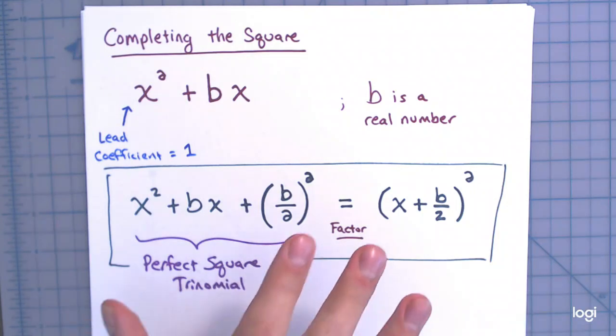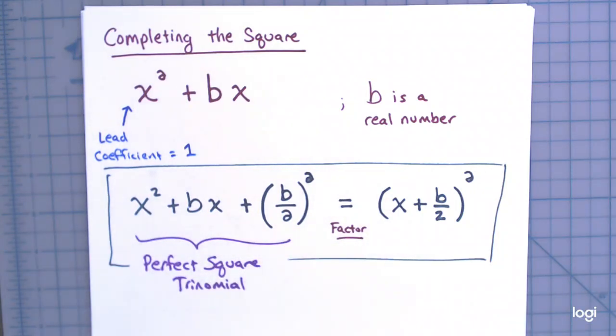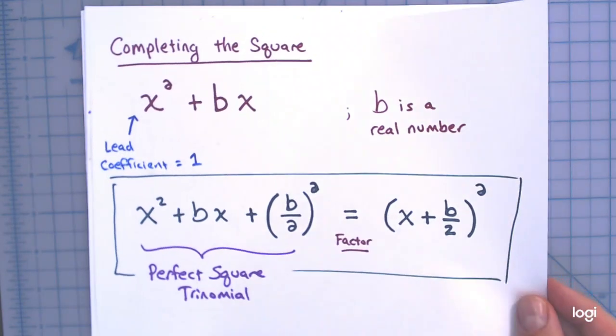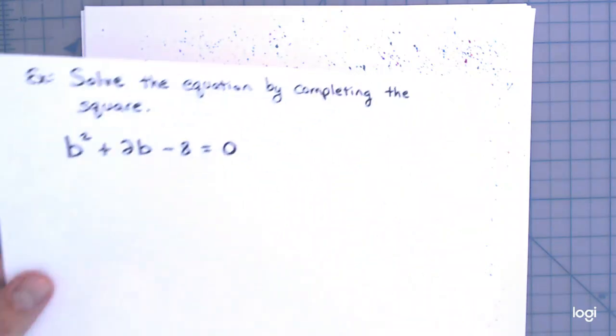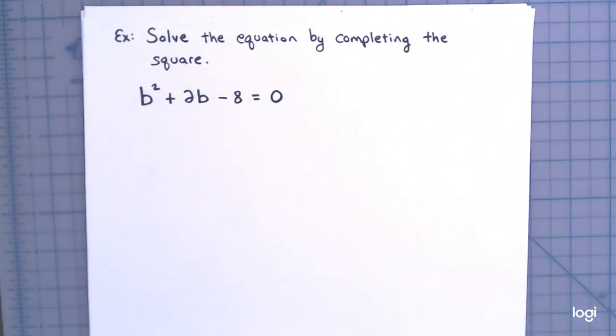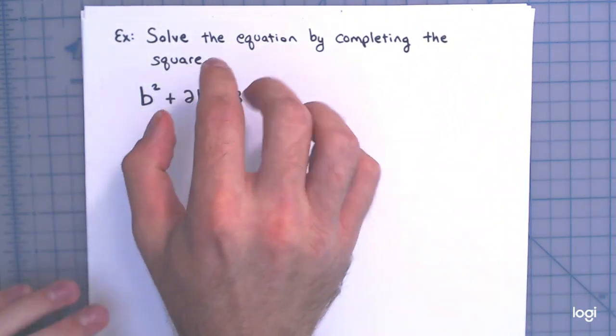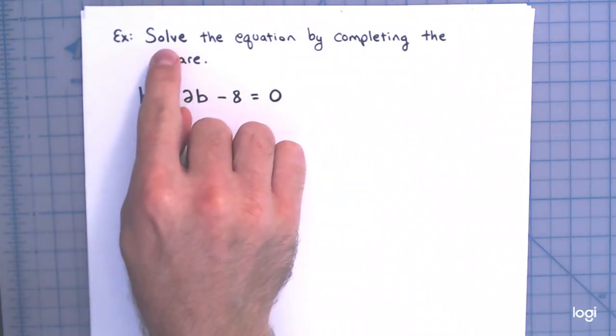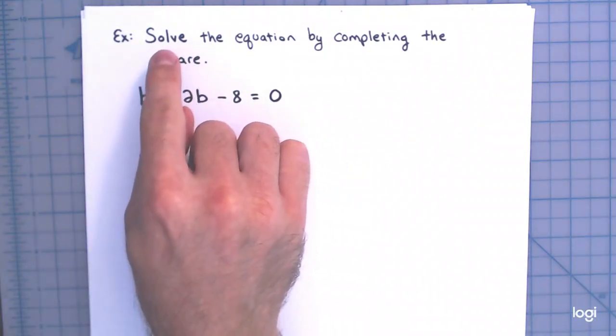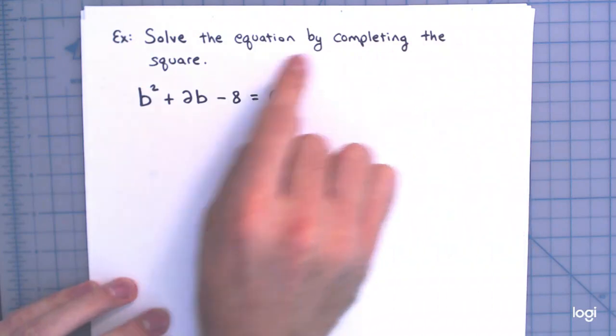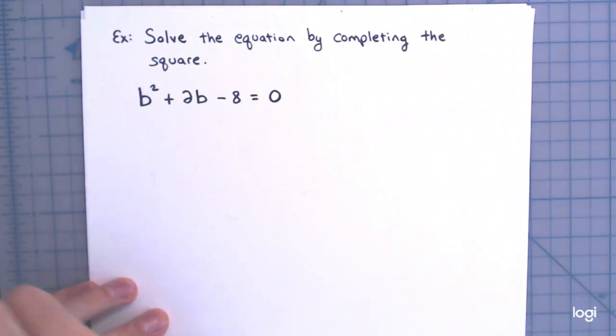Alright, so keeping this in mind, let's talk about how we're going to solve equations using the completing the square method. In my examples today, I'm asked to do the same instructions: solve the equation by completing the square.